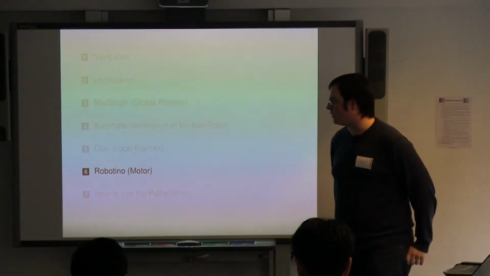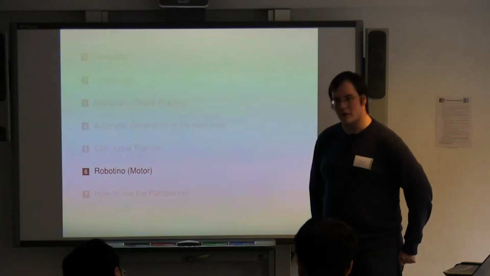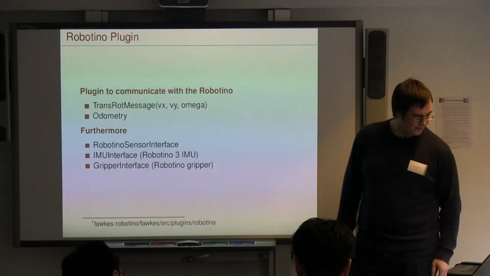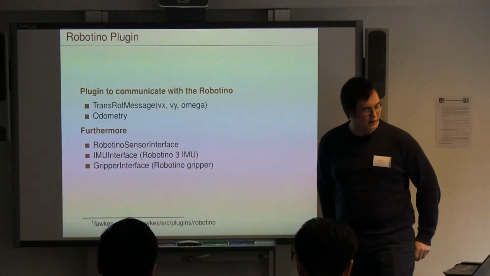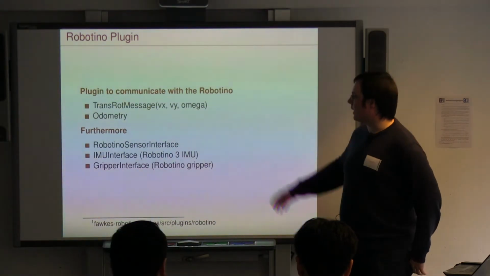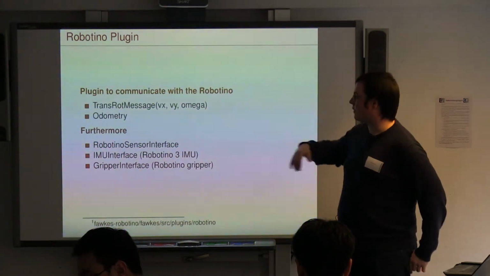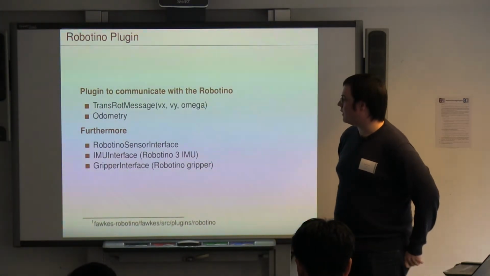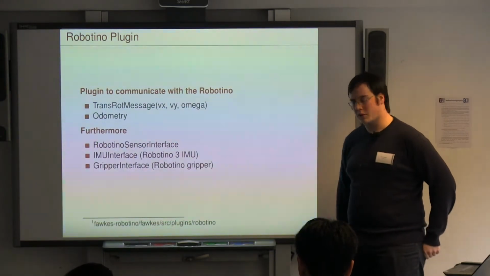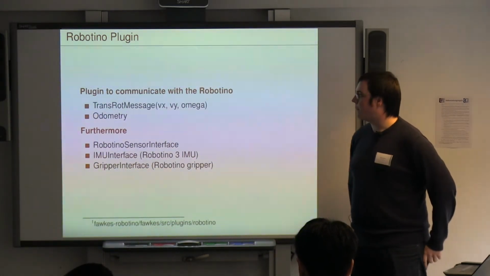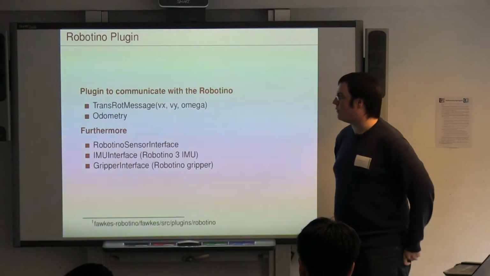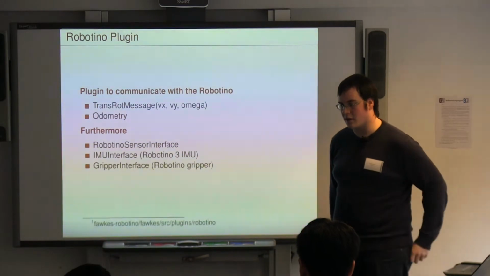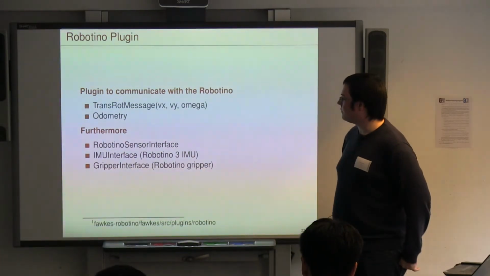Now I want to say a few words about the Robotino plugin, which controls the motor. The Robotino plugin gets a transport message, which gives a velocity in x and in y direction, and furthermore omega, the rotational velocity. Furthermore, important for us is the odometry, because the odometry is published by this plugin.